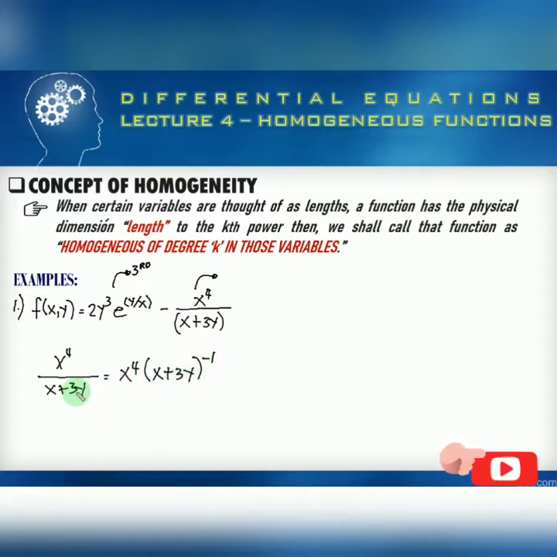For our x to the fourth, the first x has exponent 4, and the next x has exponent negative 1, because of this exponent of negative 1. If you sum that up, 4 plus negative 1 is equal to 3. This 3 is also equal to the degree of the first term, so this is a third degree also.